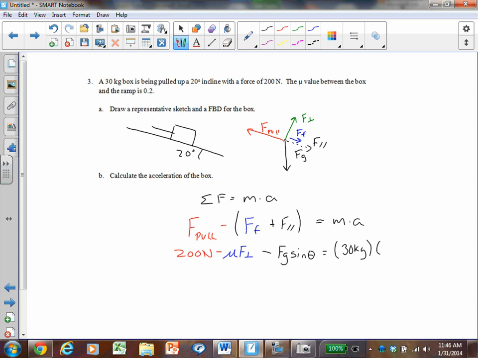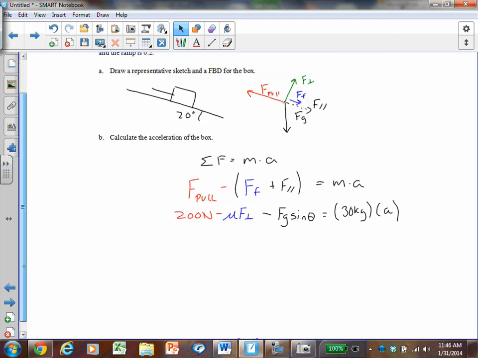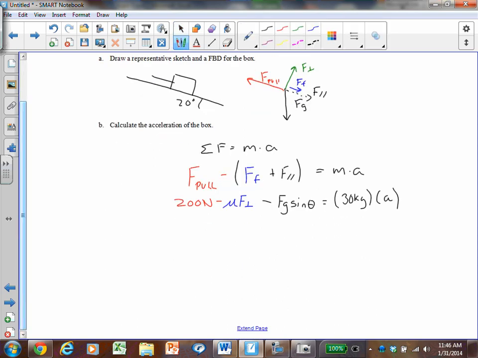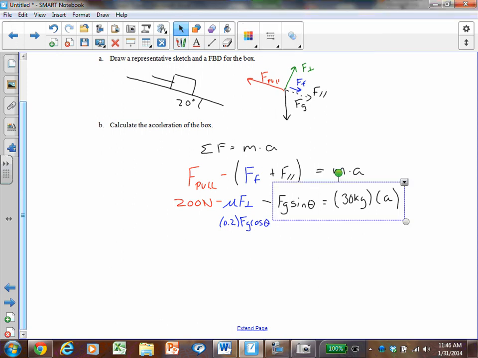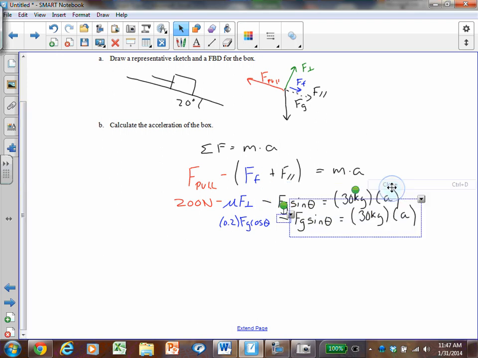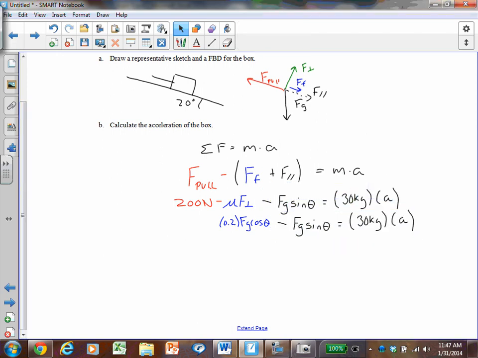Let's plug some more stuff in. What's our mu? What's F perpendicular? FG cosine theta, right? So now we got that. We plugged in 0.2.